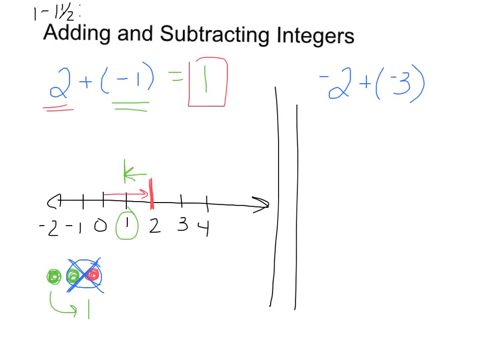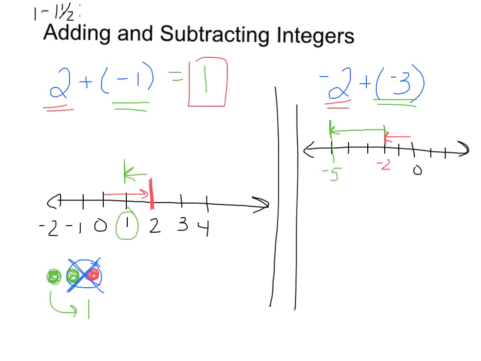Since they both have the same sign, on a number line, I start at 0 and go to the left to negative 2. So I've taken care of that. But to that value, I'm going to add a negative 3. If I'm here and I need to go 3 more to the left, that brings me to negative 5.